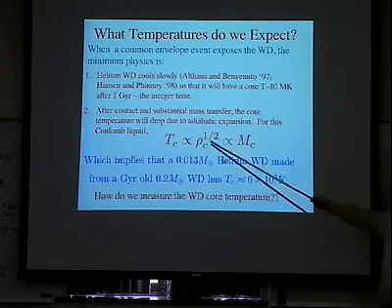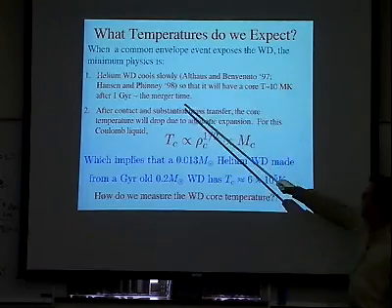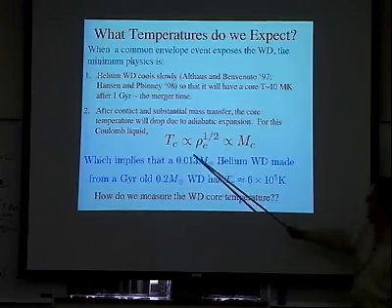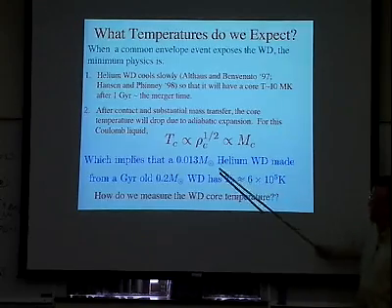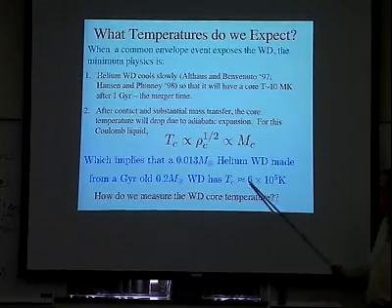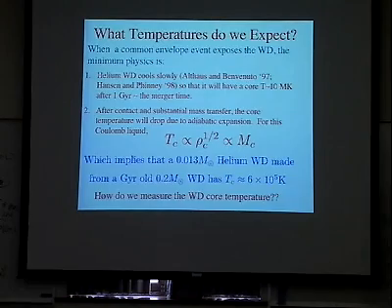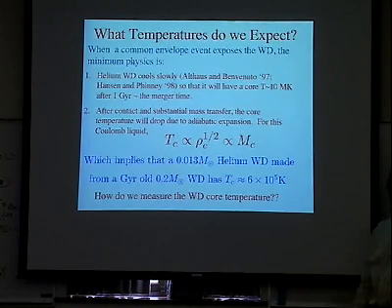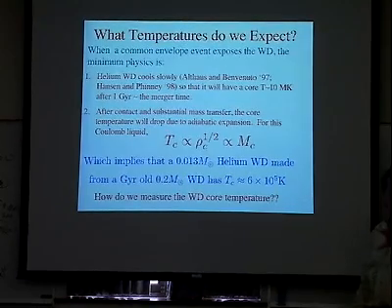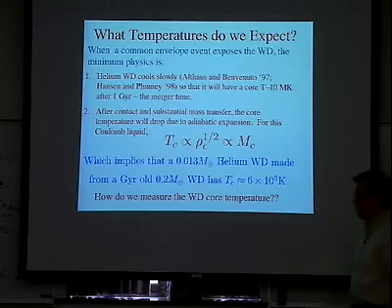But roughly speaking, if I started with a 0.2 at 10 to the 7, you'd expect a core temperature that's around 6 by 10 to the 5. So in retrospect, we should have predicted this. I mean, we didn't, but this is what you'd expect from that scenario. So it starts to tell us that scenario is maybe not crazy.